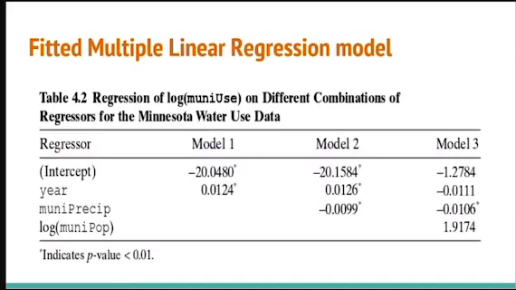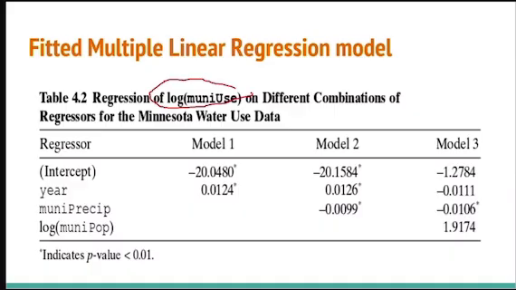I want to use this example that we have here. We're trying to use a particular data set. What are the factors that explain Minnesota use of water? And of course, the response variable here is log.